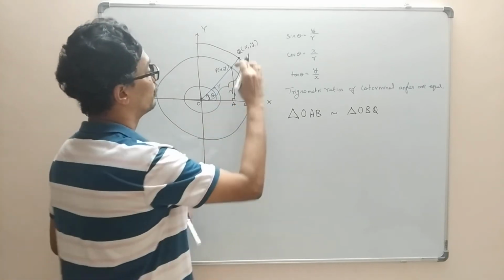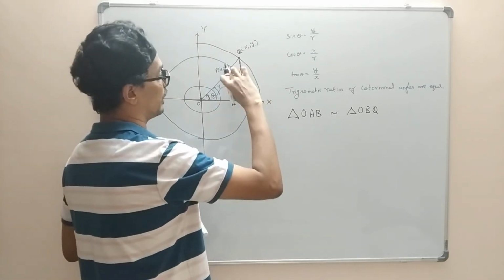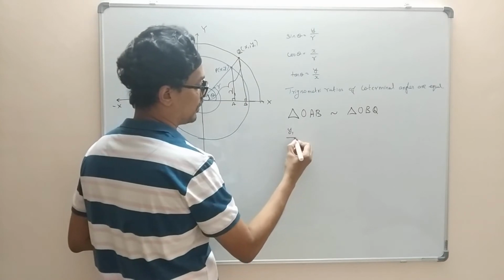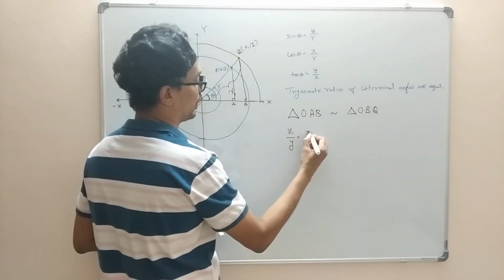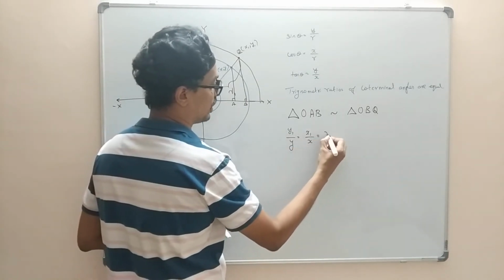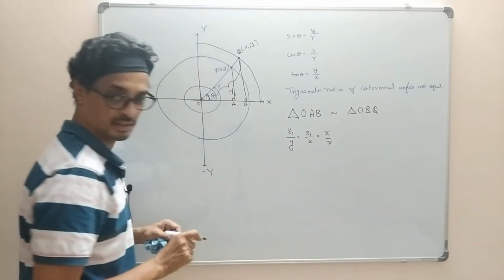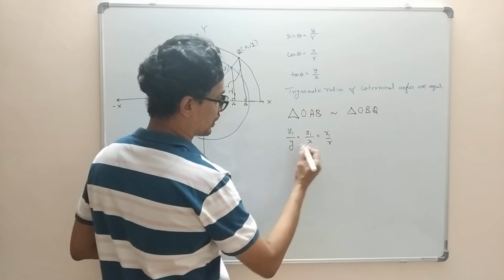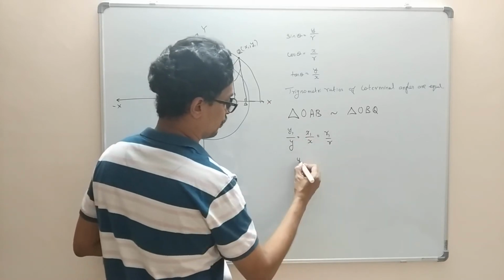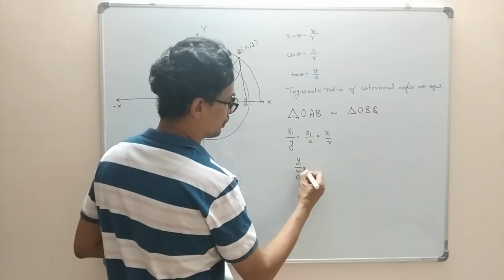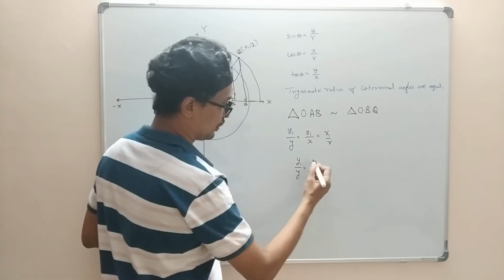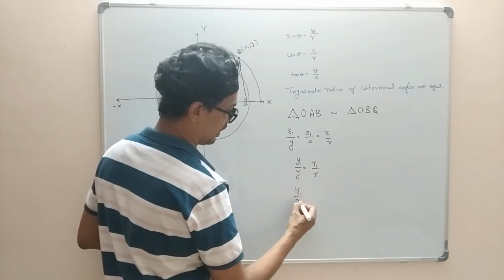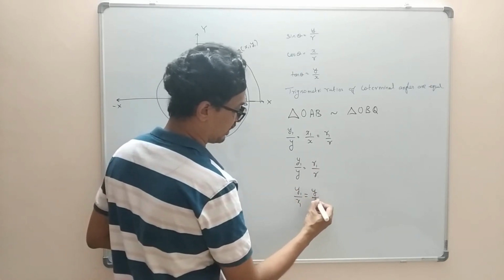That means y1 by y will be equal to x1 by x, equal to r1 by r. Correct? Taking two of these equations, y1 by y equals r1 by r, therefore y1 by r1 equals y by r.